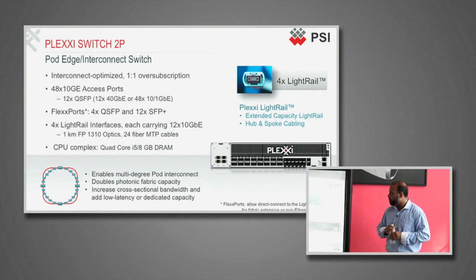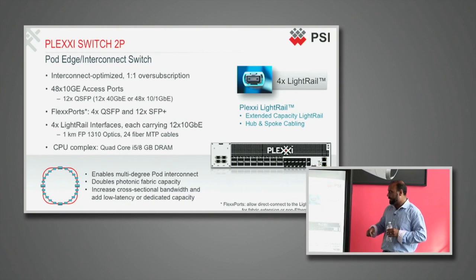The 2P is the same form factor as the Switch 2SP, and I'm going to summarize all this at the end. But instead of being optimized for edge access, it's optimized for interconnect. It has a 1-to-1 oversubscription. That means it has 48 10 gig access ports, whereas previously we had 72. This version has 12 QSFPs, which equates to 48, and then it has the 48 light rail interfaces.